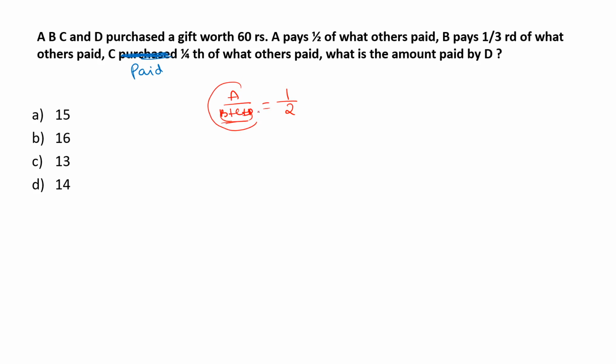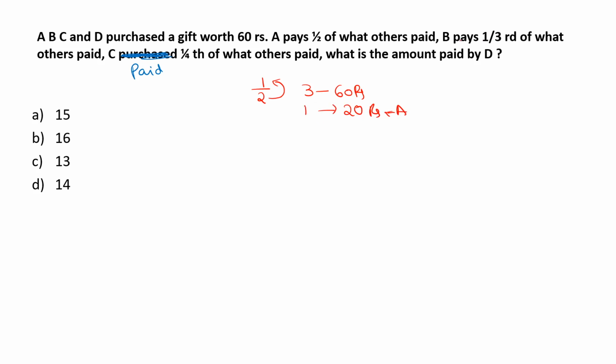Then the combination of A, B, C, D is 3 units. When the value of 3 units is 60 rupees, then what A paid is 1 unit. That means 1 unit is 20 rupees. That means A paid 20 rupees.